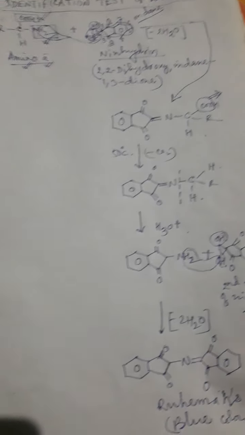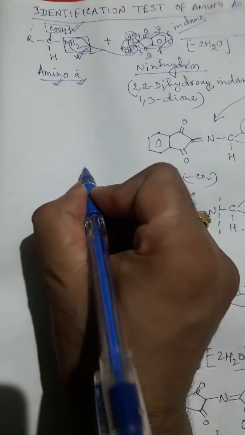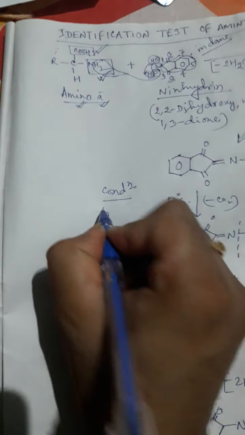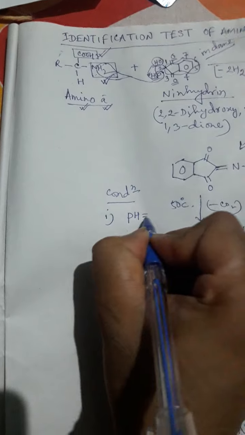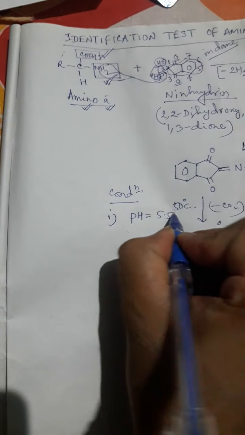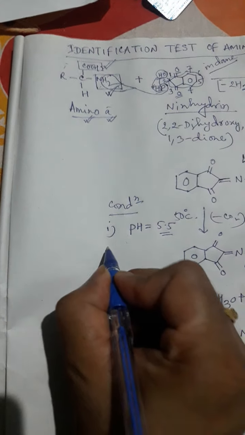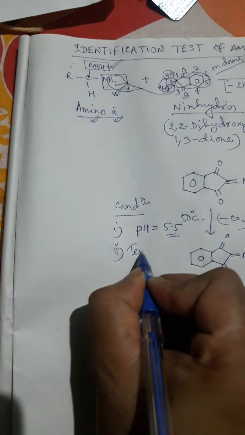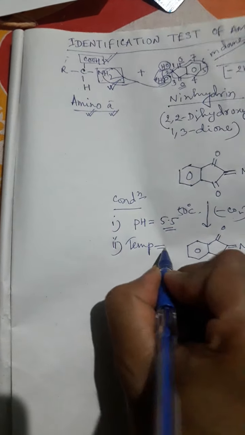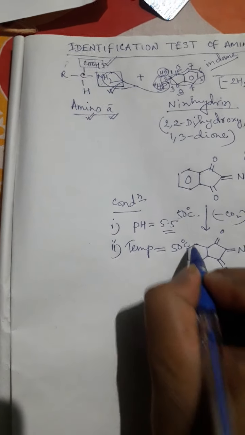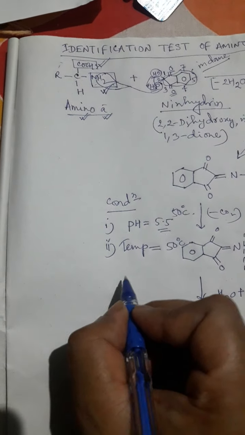Now what are the conditions? At what conditions does this reaction take place? Condition 1, the pH of this reaction should be maintained at an optimum of pH 5.5. Second one, the temperature I have mentioned in the second step, it is 50 degrees Celsius, required to eliminate CO2.